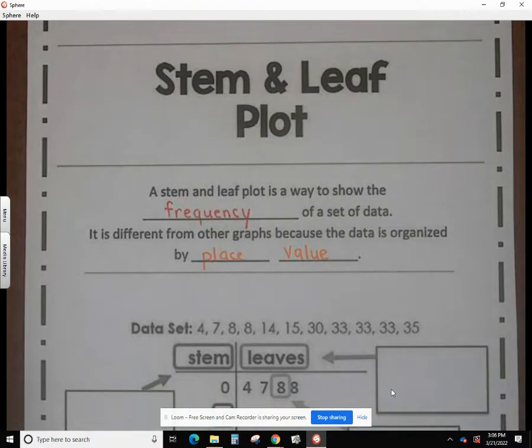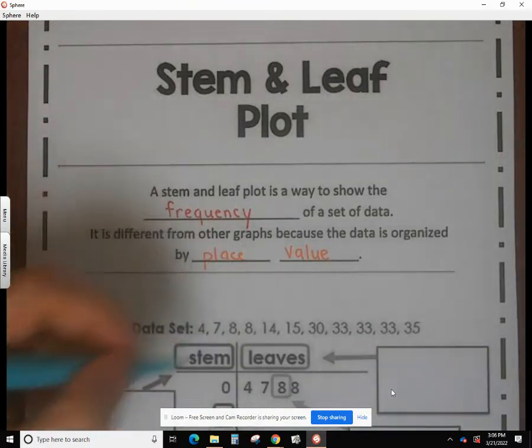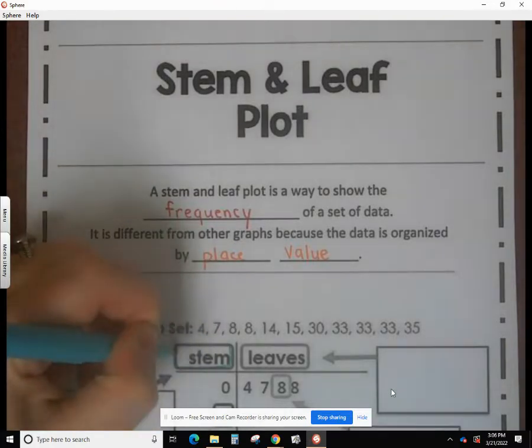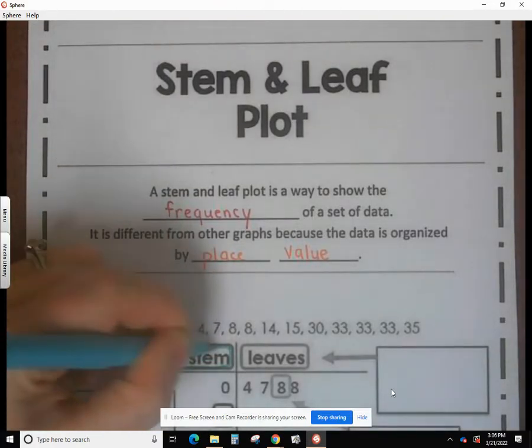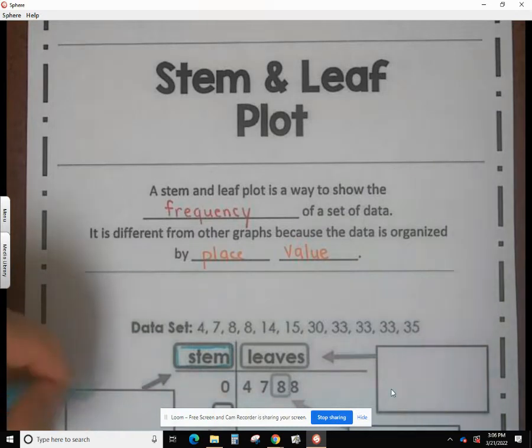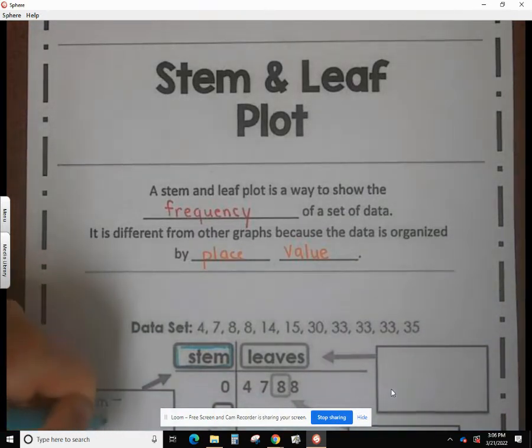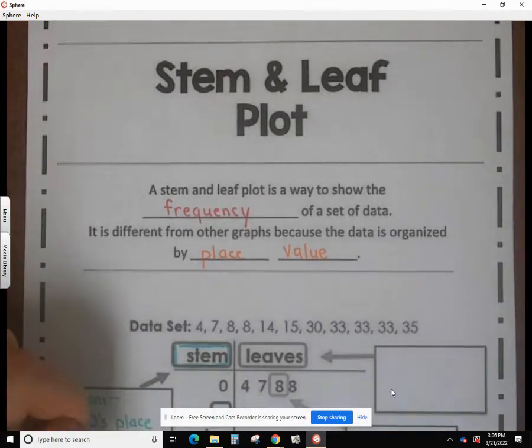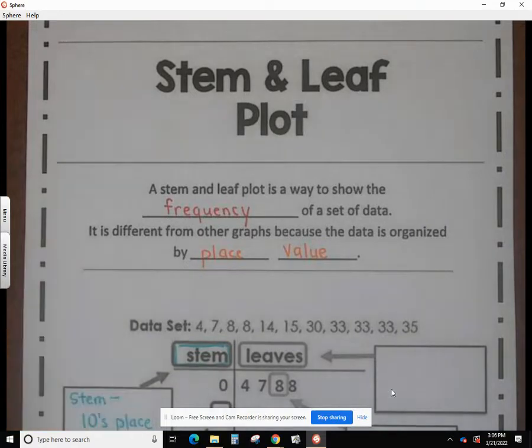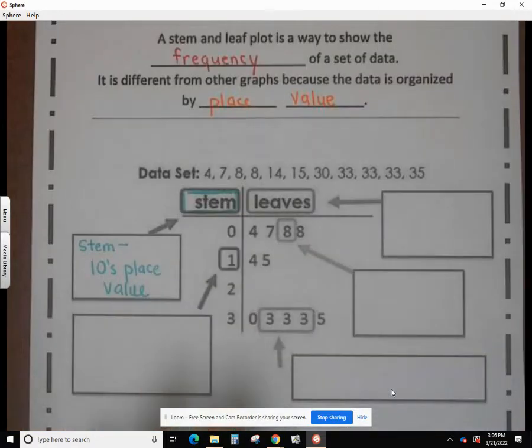Okay, so the stem is one place value, and I'm going to color around that blue. The stem represents the tens place. Okay, it's all about place value. That's the tens place.